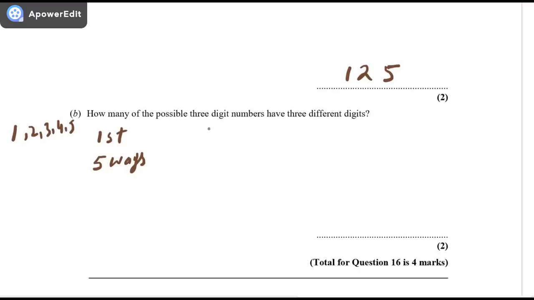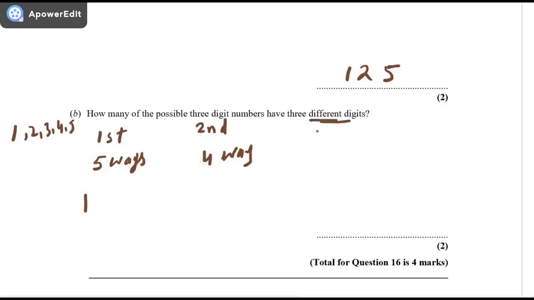Okay, so for the second one, you're going to have 4 ways. How? Because if you choose 1 in the first one, then you can't choose 1 again here, because we need to find different digits. Make sense? So it's going to be 4, as 4 numbers are left you can choose from.